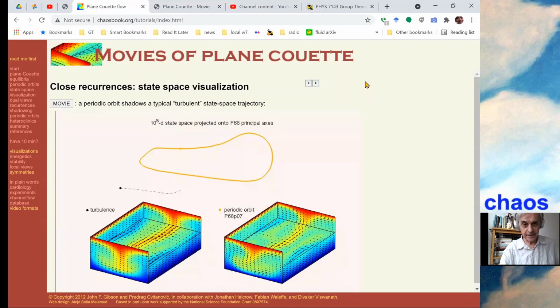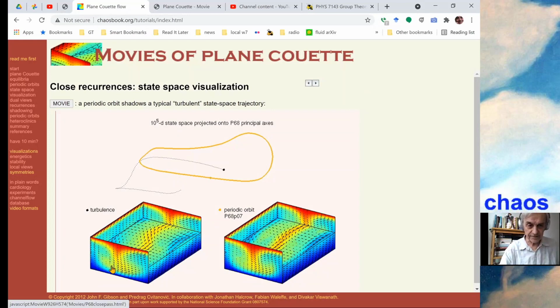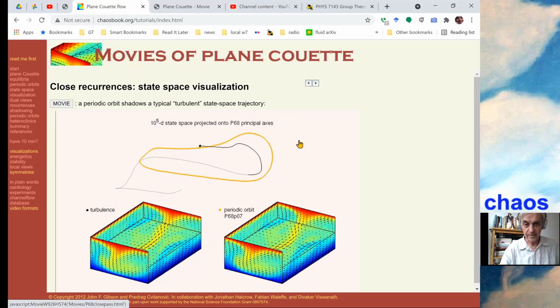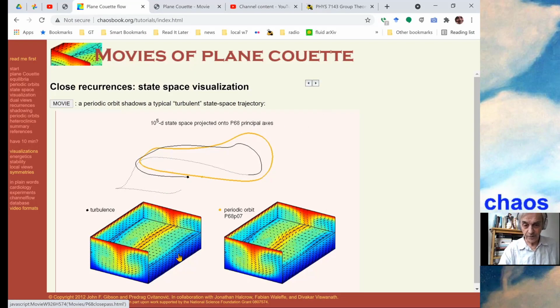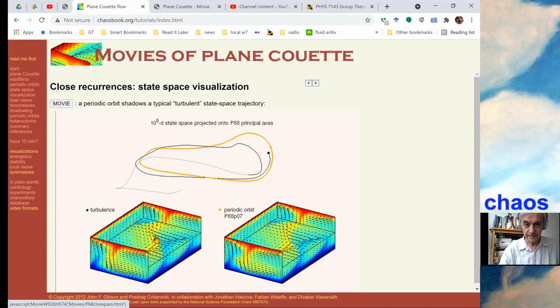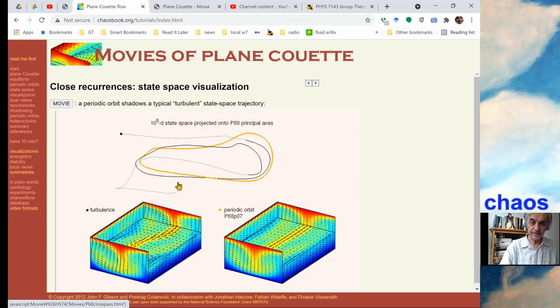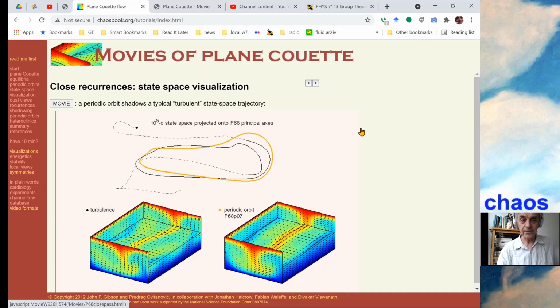And then you can see that these solutions are explored by turbulence. So here's a turbulence solution, which came close to a periodic solution, just accidentally. And it follows that you cannot distinguish the 2 of them until it runs away, because this is an unstable periodic solution.